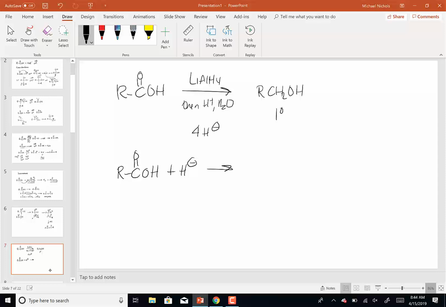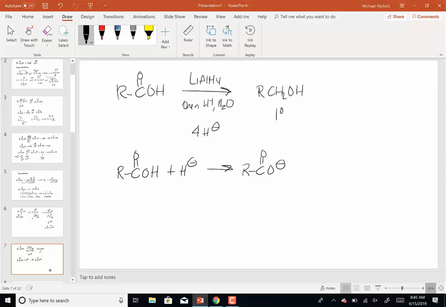What am I going to get? It's going to deprotonate it. And fortunately, we just talked about that. Well, you gave me suggestions on bases to deprotonate carboxylic acids, and one of the ones that I said was kind of overkill is H minus. So the first equivalent of H minus is going to deprotonate it.